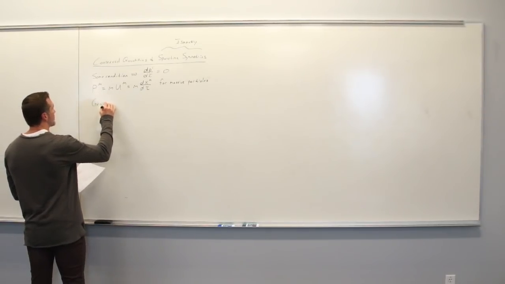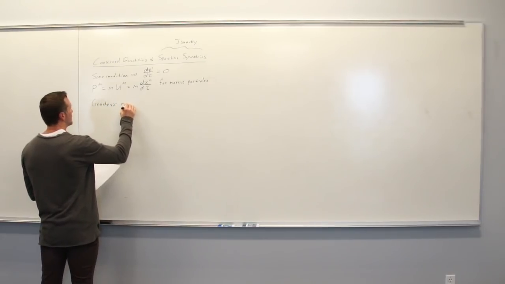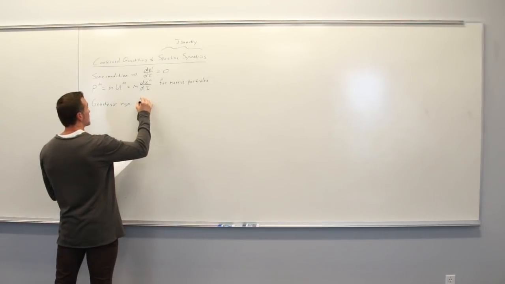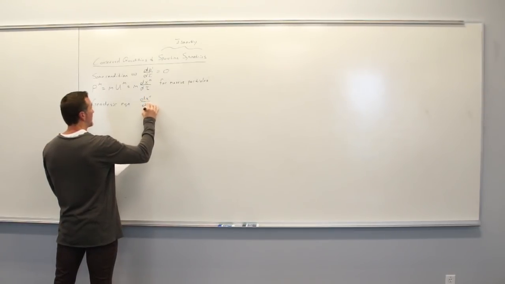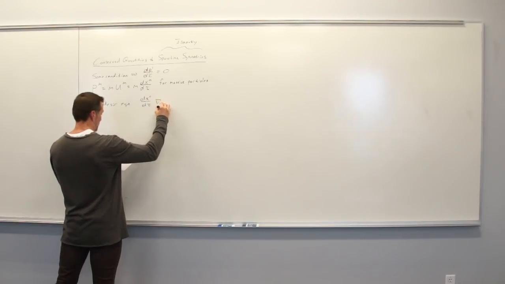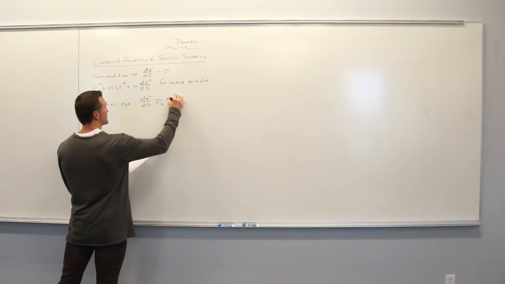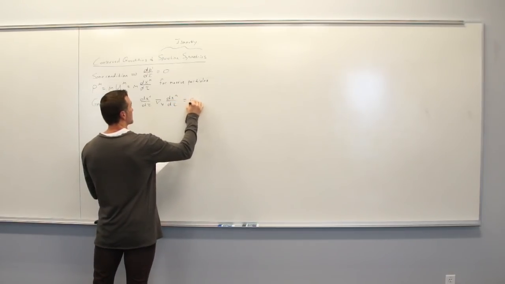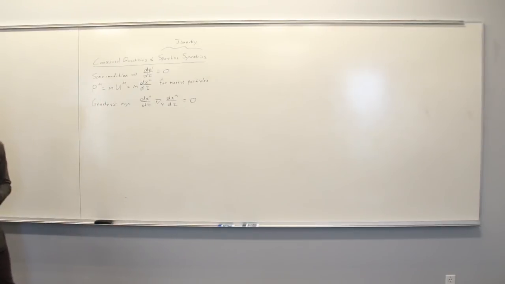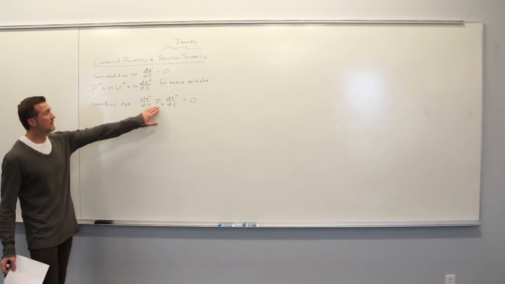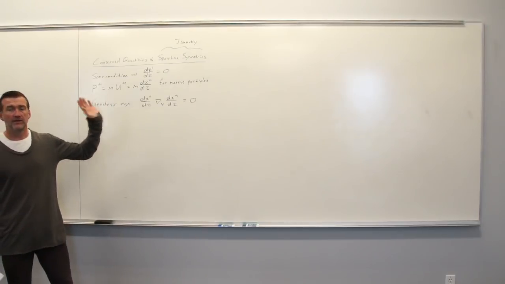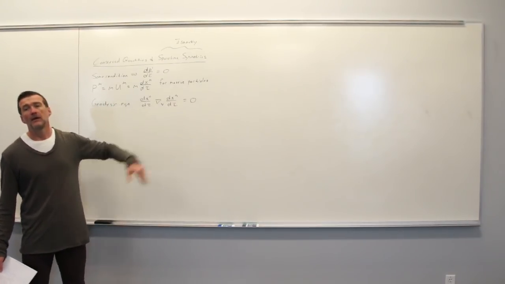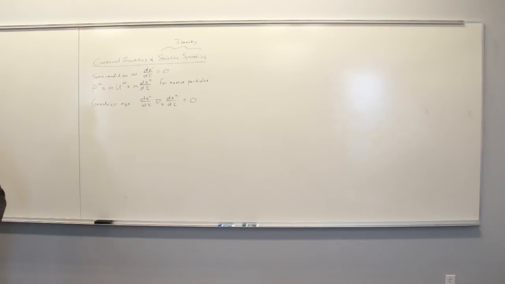So let us remind ourselves what this looks like. We can write dx^ν/dτ ∇_ν (dx^μ/dτ) equals 0. That's one way to write it. Of course, you can break up the covariant derivative, let it act on this vector, and then recombine and relabel things.